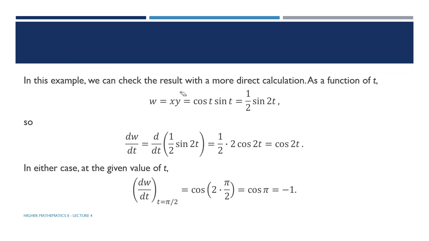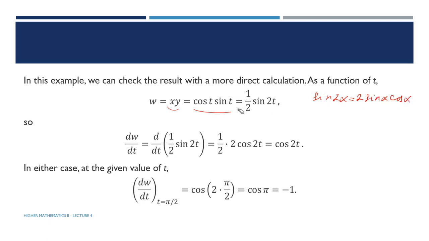Before calculating that, there is another way to check the derivative, which is just plugging in cosine t and sine t instead of x and y. So we know this from the formula, sine 2 alpha equals 2 sine alpha cosine alpha. So from that we can get this one.